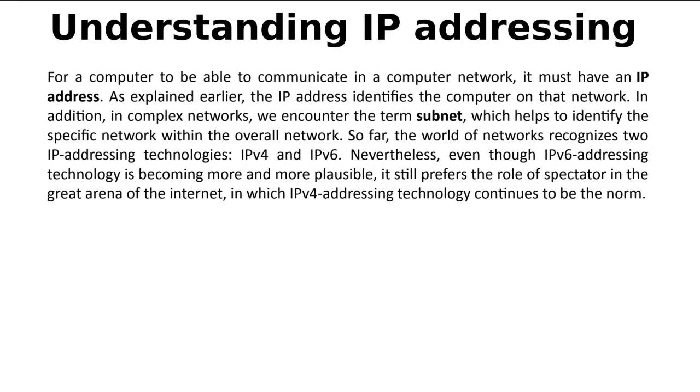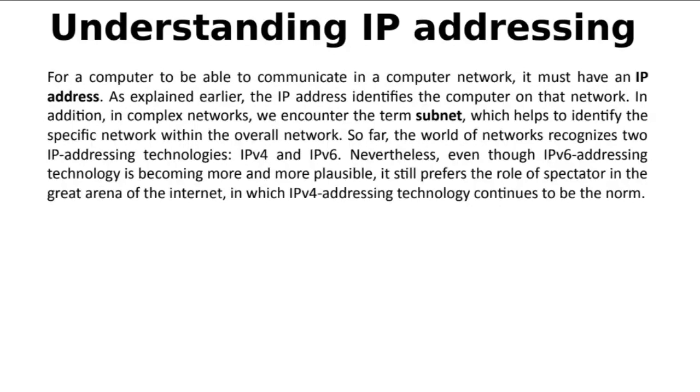We have two types of IP addressing: IP version 4 and IP version 6. IP version 6 is becoming more popular. This is the latest technology, IP version 6. But many people are still using IP version 4.